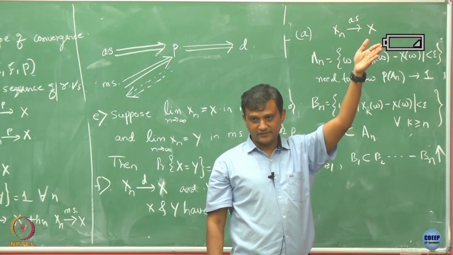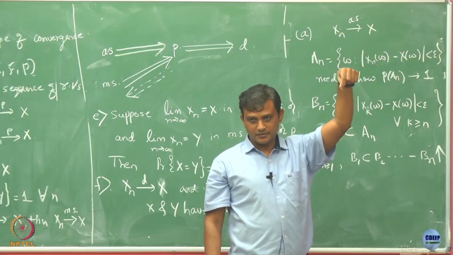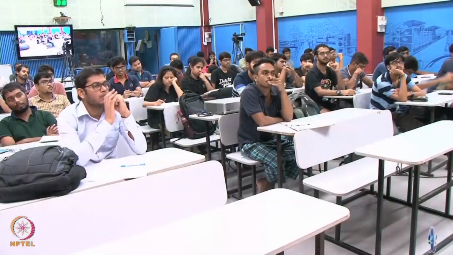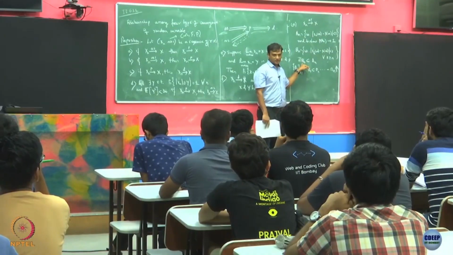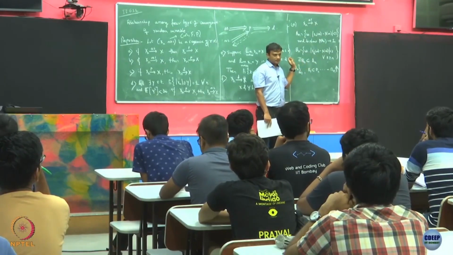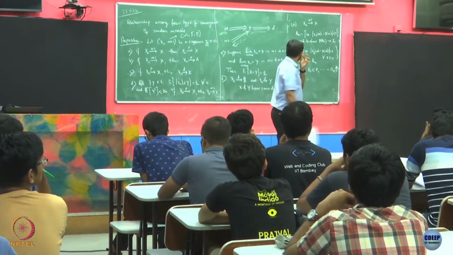It may not satisfy at that point, right? So that point may drop out of this. Because of that, a point which may belong to An need not necessarily belong to Bn.